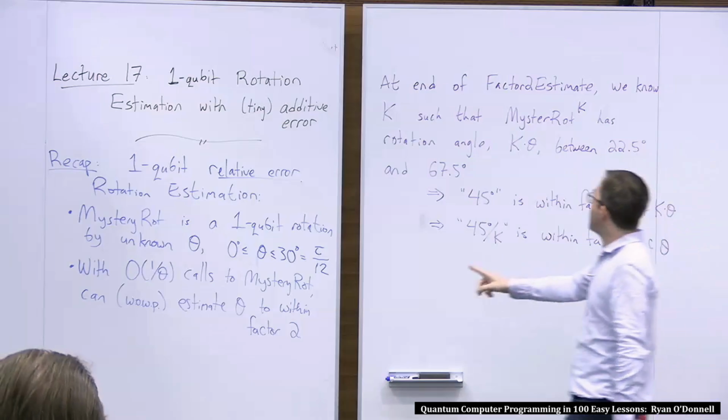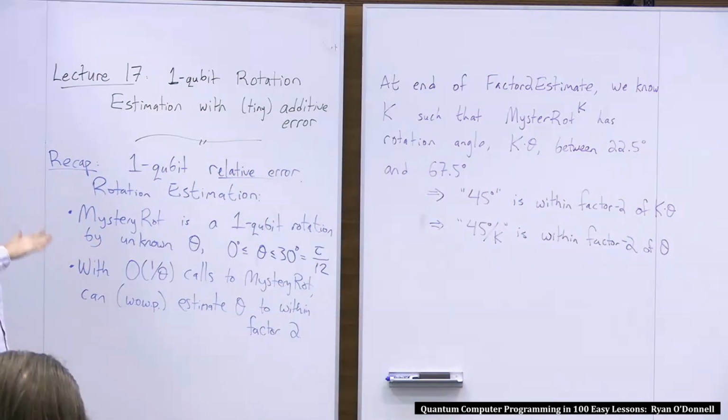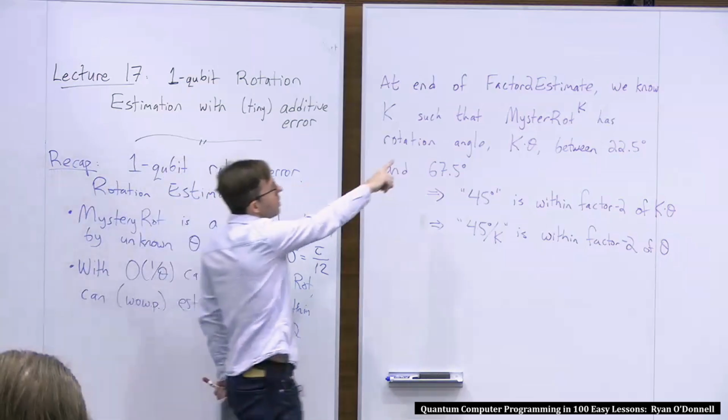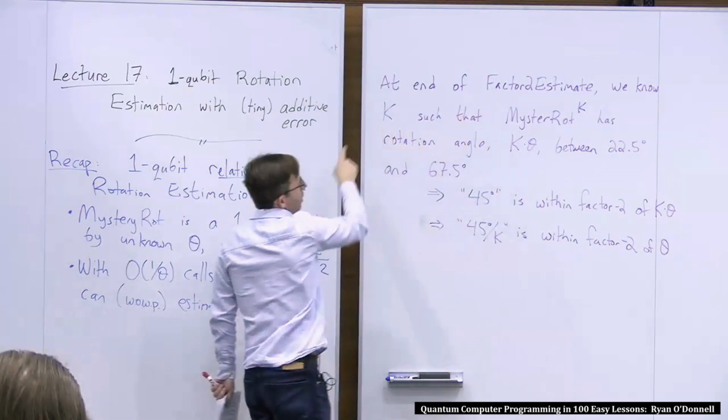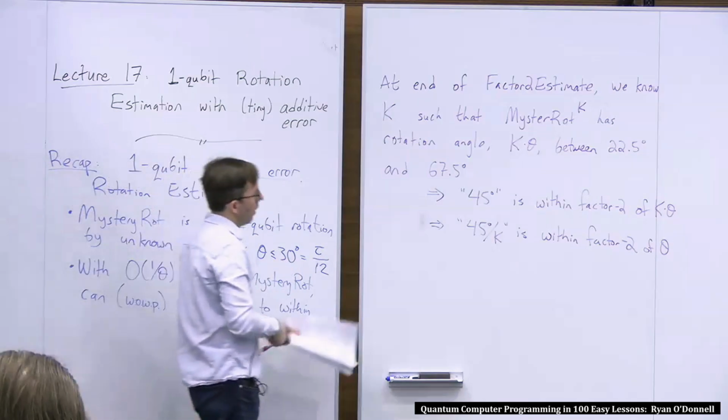So how do we get this? You might remember we used the strategy of taking the rotation, rotating a bit, and continuing to rotate until we got to a medium-like angle, which we could notice. So we had this algorithm, factor 2 estimate, and it tried powers of 2 for k, like 2, 4, 8, 16, and so forth.